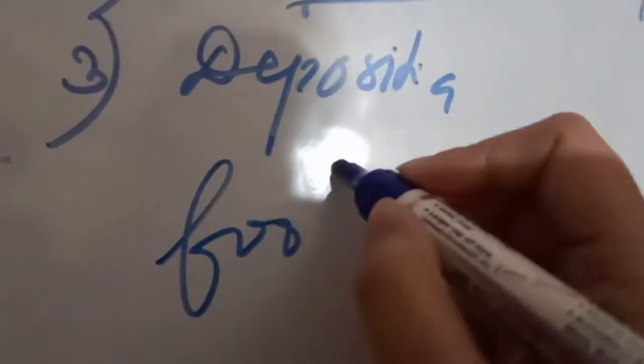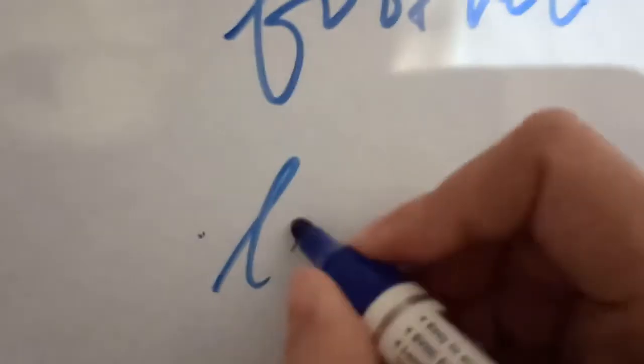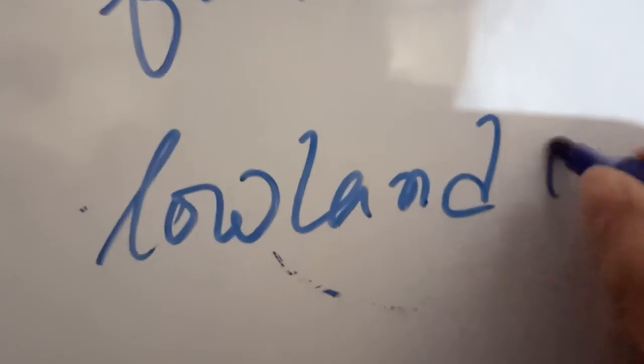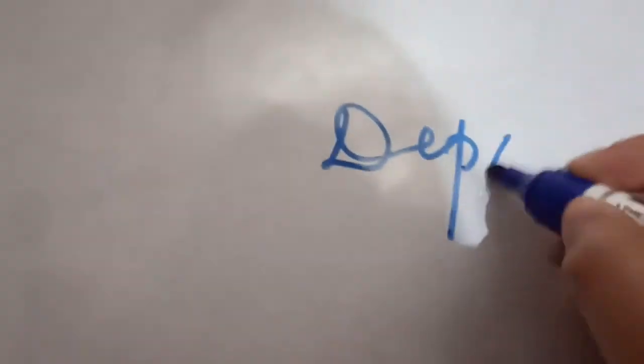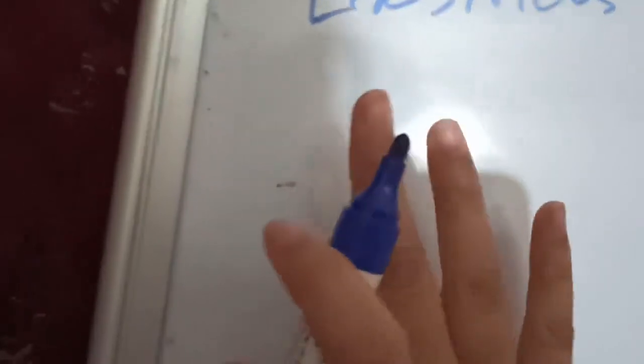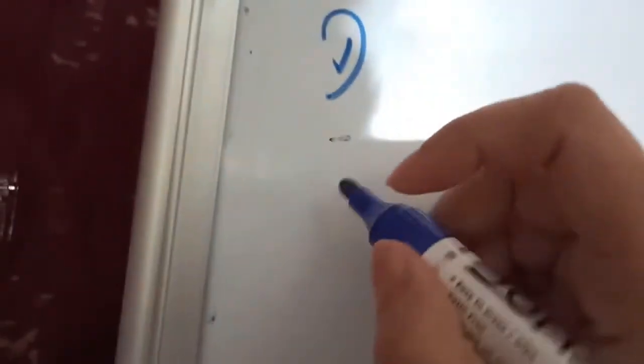Okay, after the process of plucking and abrasion, the materials get transported and then they get deposited at the foothill regions or at the lowland regions. Okay, so basically we have two types of landforms, that is erosional and depositional. Erosional landforms are formed due to the action of plucking and abrasion. So what are the landforms that are formed by erosion?